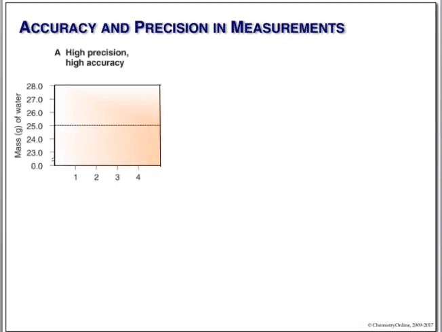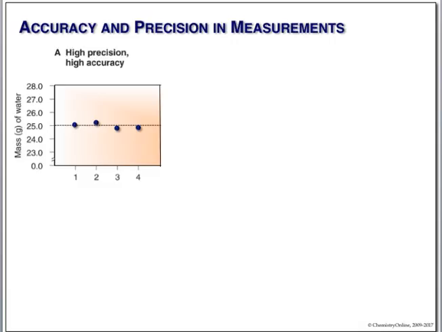Example, let's say we did this 4 times. We got roughly 25 or so each time for our mass. We would say that this is a very reproducible determination, so it is very precise, and they're grouped nicely around where the answer should be, right around 25-ish.